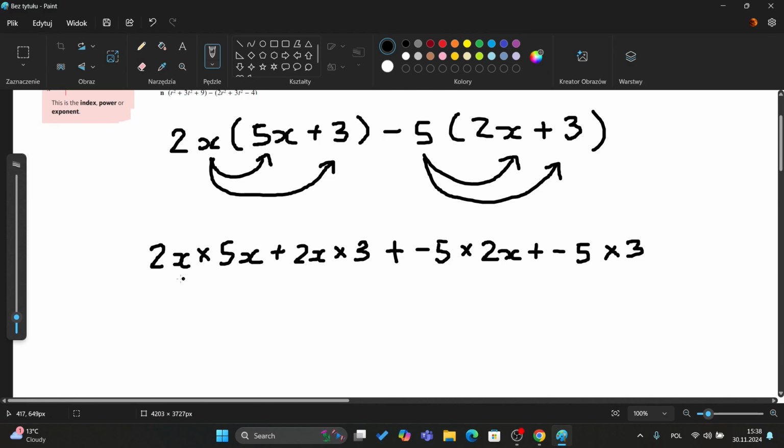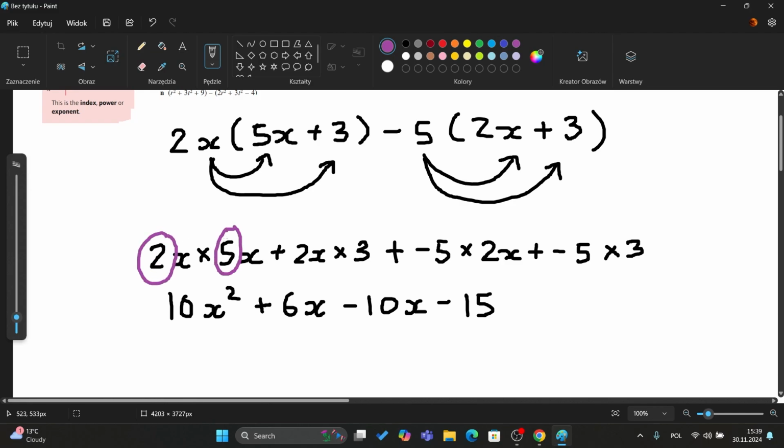And what we get is 10x squared plus 6x minus 10x minus 15. And how did I get that? Because it's still examples. So 2 multiplied by 5 is 10.